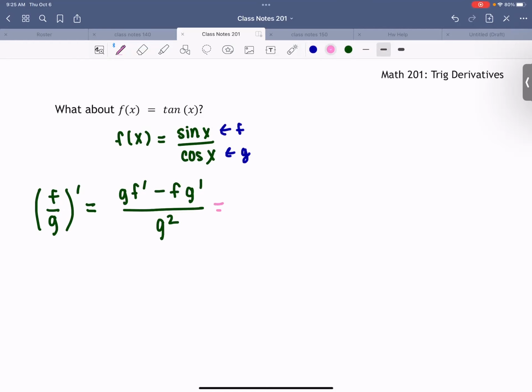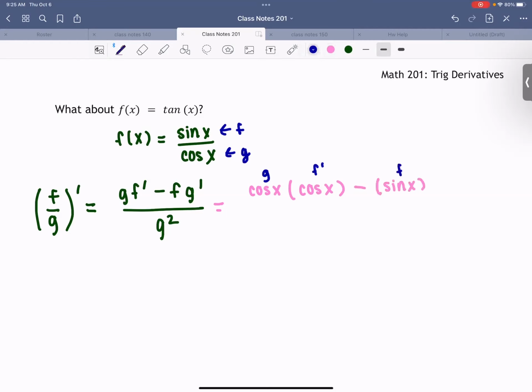Okay, piecing this together. I know that g is cosine of x. So that is g, okay? What's the derivative of sine x? Cosine, good. So that was f prime, okay? We're going to subtract off f, which is sine.